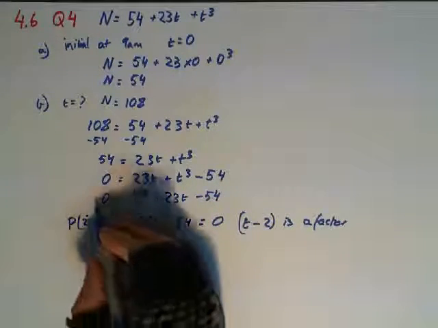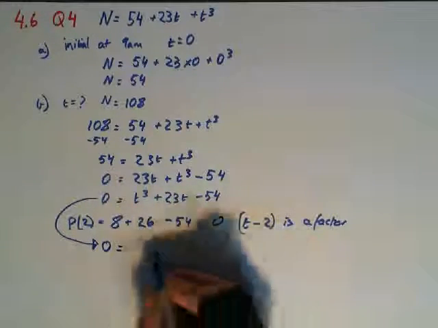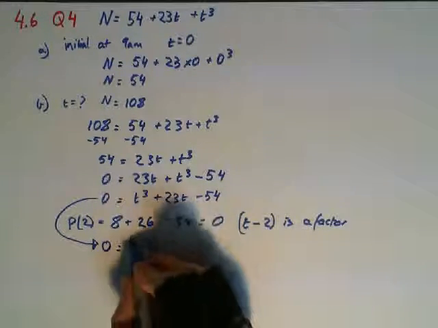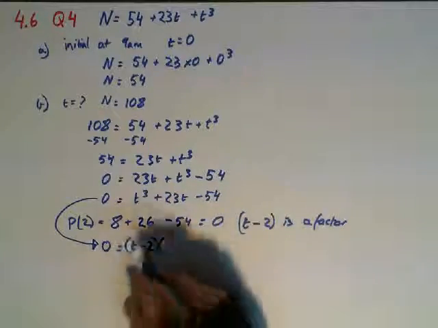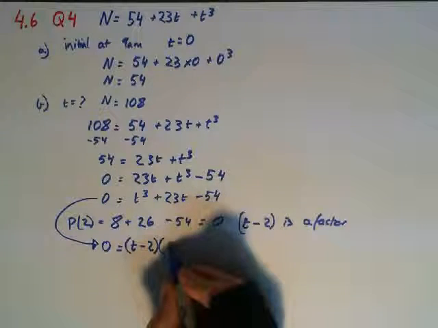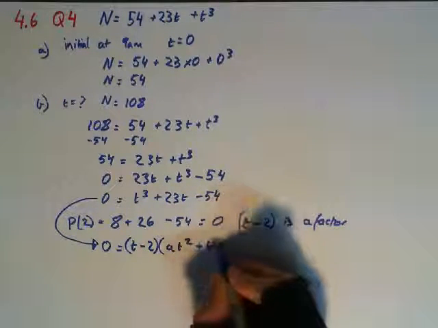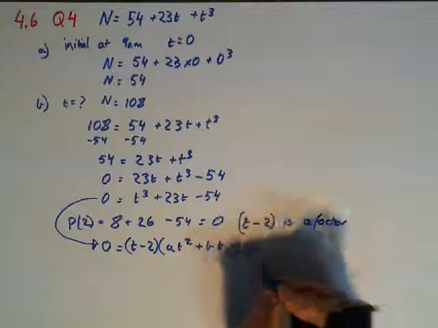So we can say from this part, 0 equals t take 2. And what are we left with? It'll be a quadratic. So we'll have, I'll go through it, at squared plus bt plus c.